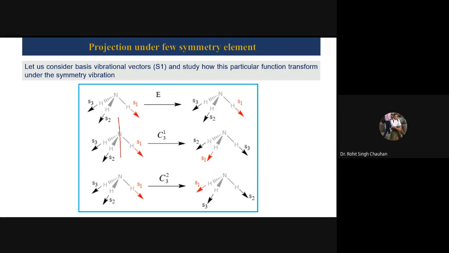Now you are going to rotate the molecule through this C3 axis. Now what would happen? If you see S1, what will happen to S1? S1 will come here. Now see, I have written it here. Now S2 will be shifted here. I have written it here. And this S3 will come to S1. Now see, this S3 will become over here. So now 3, this is S3.